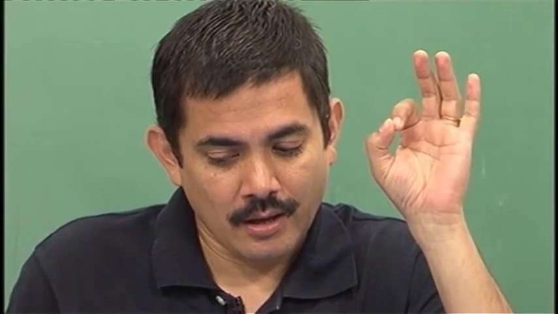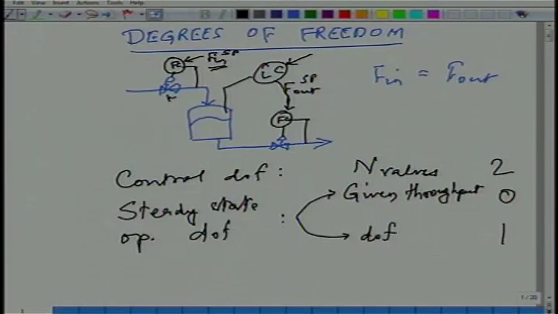Okay. Now we will take this. What comes out of this is, if I am looking at a given throughput scenario, I take the feed valve out because that is the feed to the unit, that flow is given to me.